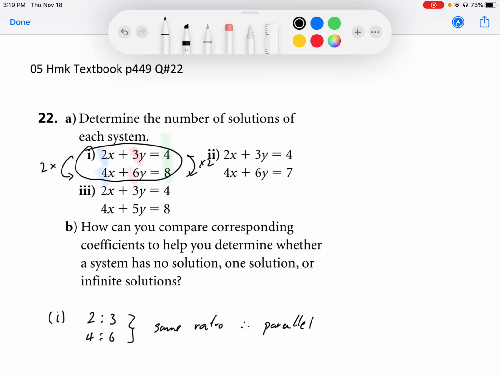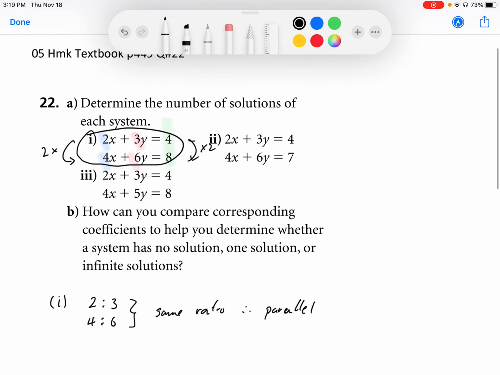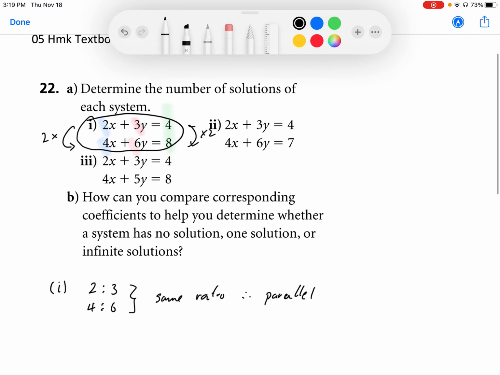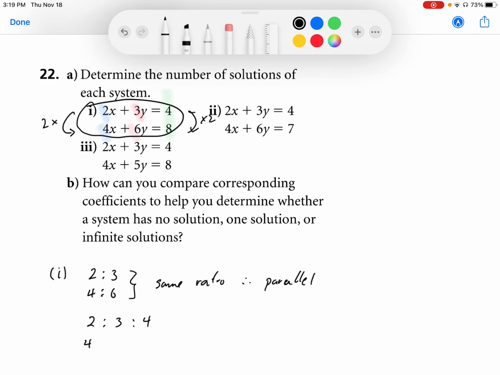Every coefficient is in the same order and it is doubling, means that these are really the same equation. If I just multiply the first equation by 2, I'll get the second equation. Well, that means then that these are exactly the same lines, which means that they'll graph on top of each other. So we have a 2 to 3 to 4 ratio of the coefficients.